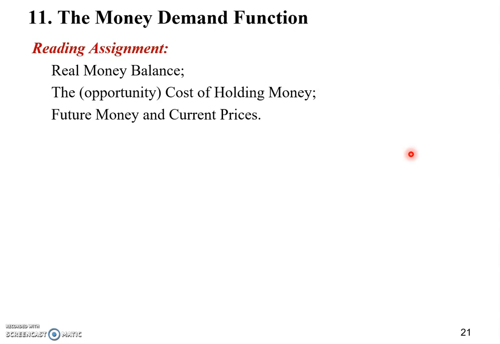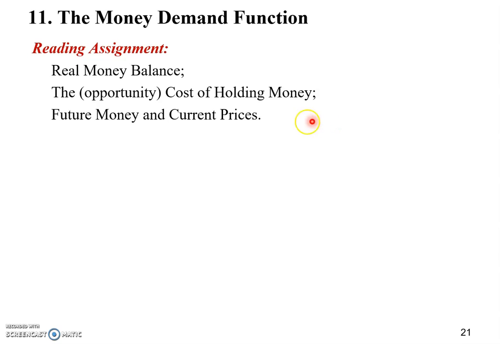Towards the end of this chapter, you find that the author discussed the money demand function, okay, by looking at the real money balance, and then using the opportunity cost to help us understand the cost of holding money.